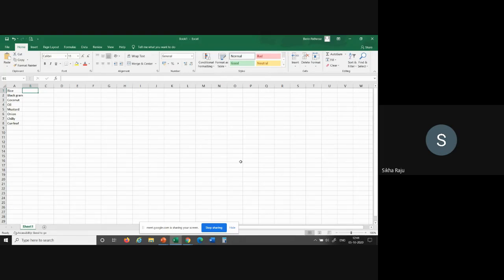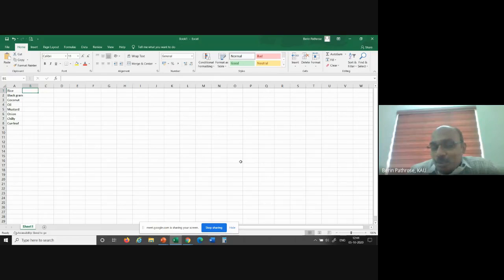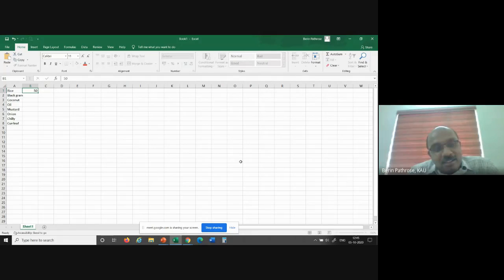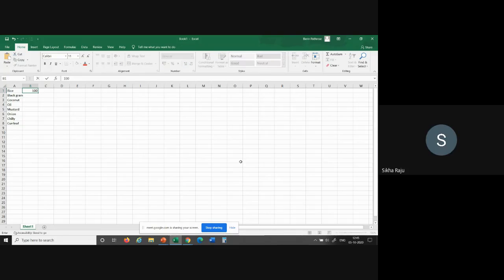What is the quantity of rice that must have gone into preparing these 3 dosha? Roughly, I will have 50 gram. Okay, 50, is it? No, I think it will be smaller. I will take 100.